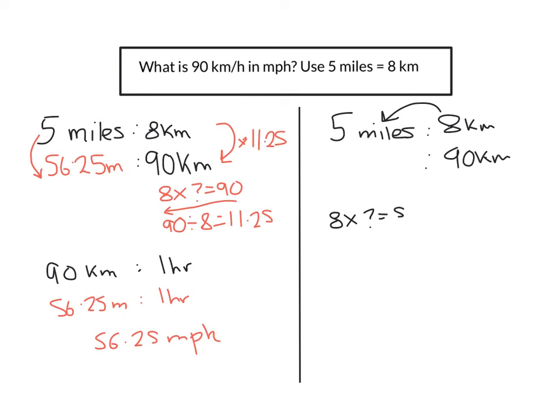So do it backwards. 5 divided by 8 is 0.625. So we're timesing by 0.625 here, which means I need to times by 0.625 here. And I get the same answer, 56.25 miles.